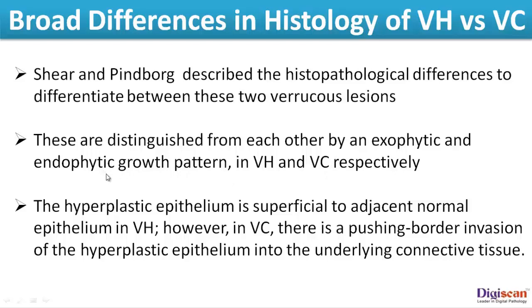The hyperplastic epithelium is superficial to adjacent normal epithelium in verrucous hyperplasia. However, in verrucous carcinoma, there is a pushing border invasion of the hyperplastic epithelium into the underlying connective tissue, and that is what we saw in the present case, that the rete ridges were broad and going deep into the subepithelial connective tissue.